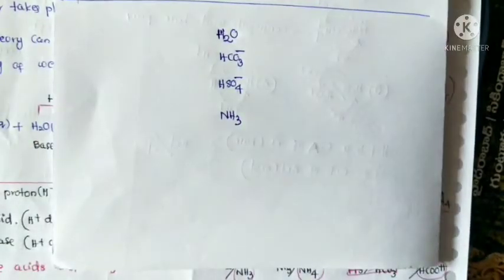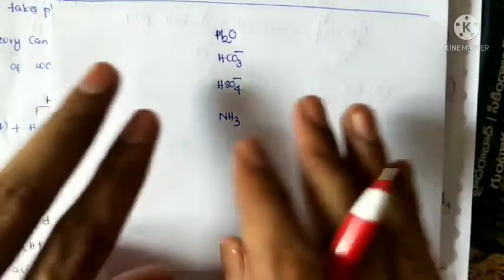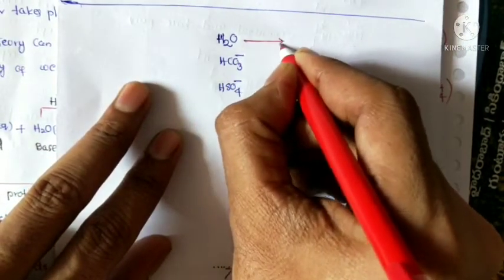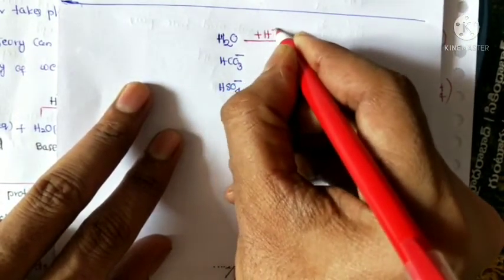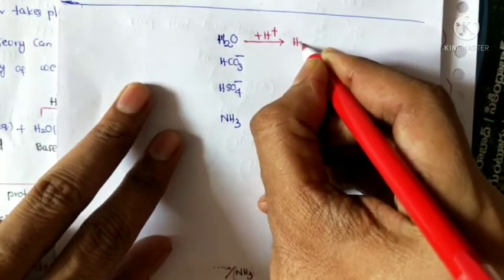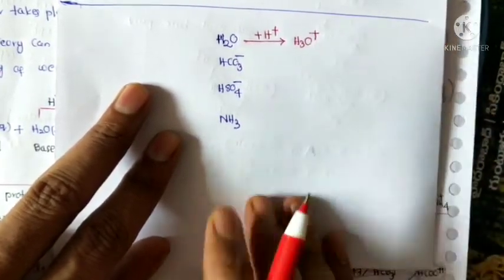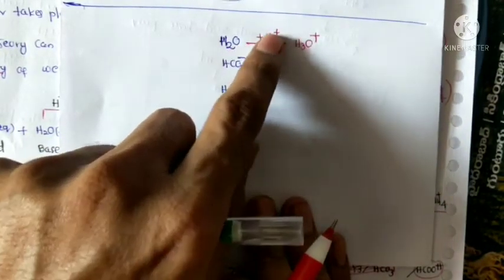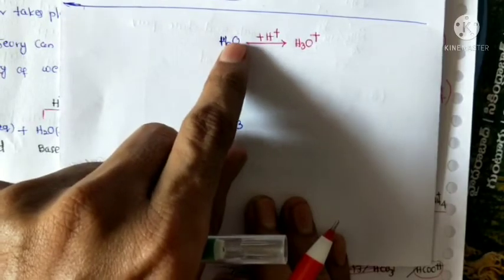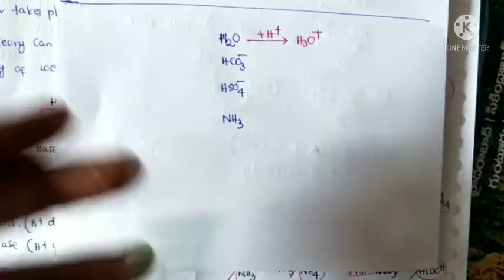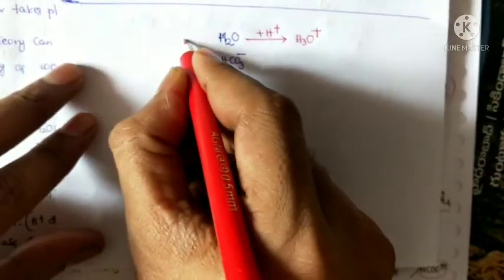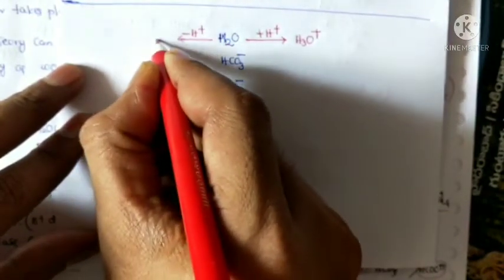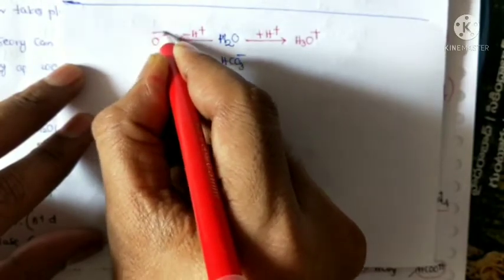These are the species that can both accept a proton and lose a proton. If H2O accepts a proton, it is converted into H3O plus, the hydronium ion. And sometimes by loss of a proton, it is converted into OH minus.